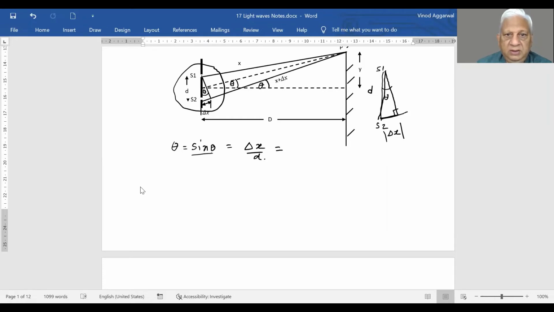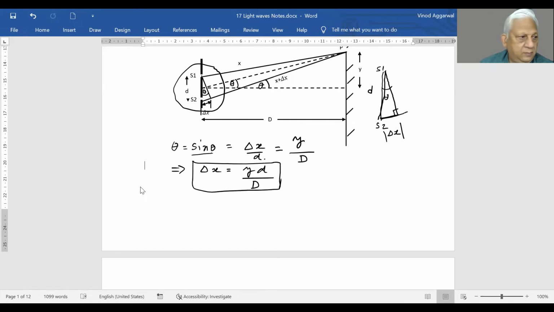So we can say this theta is also equal to this y divided by D. Or we can say that delta x is equal to y d by D. We know that this small d is the distance between slits.